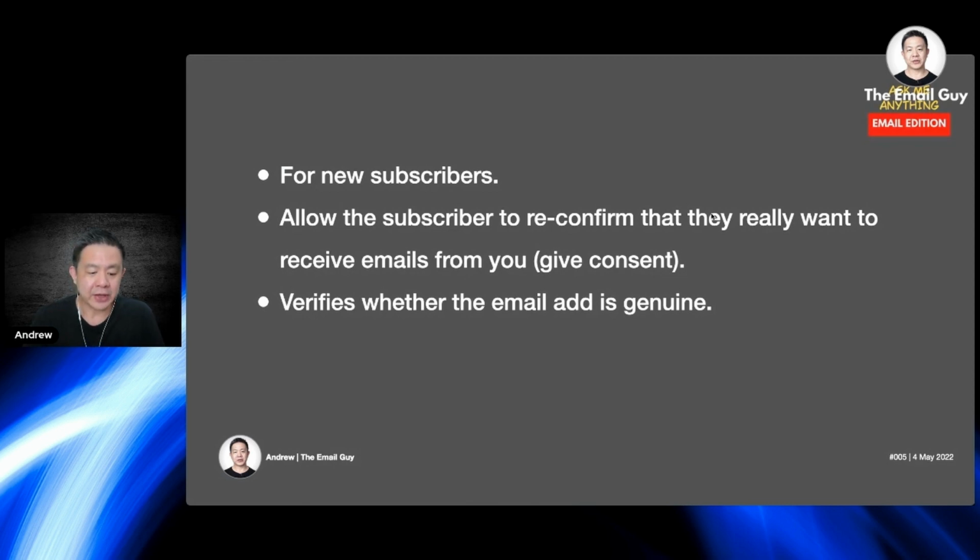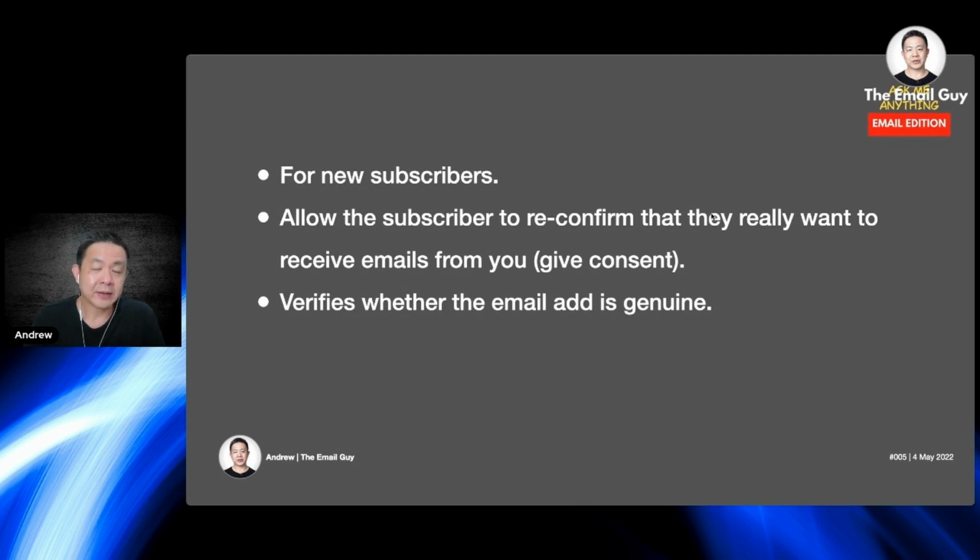And what happens is then you realize maybe a couple of days later that you have a lot of bounced emails. Okay. And the reason why is because there's no such email service called gmai.com without the L. Okay. So when you have double opt-in, and if somebody keys in the wrong address, or sometimes they use, for example, a burner email address, which is basically for one-time use.